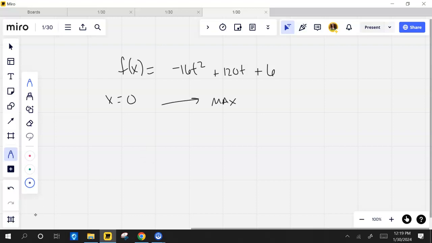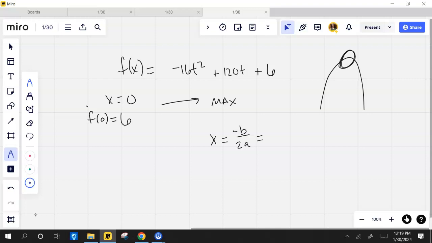Because this is a quadratic that opens down, my maximum is happening at my vertex. So I'm going to find the vertex first. The X would be opposite B over 2A. That's going to be your 0. Whenever you do F of 0 and you plug it in, you get 6.